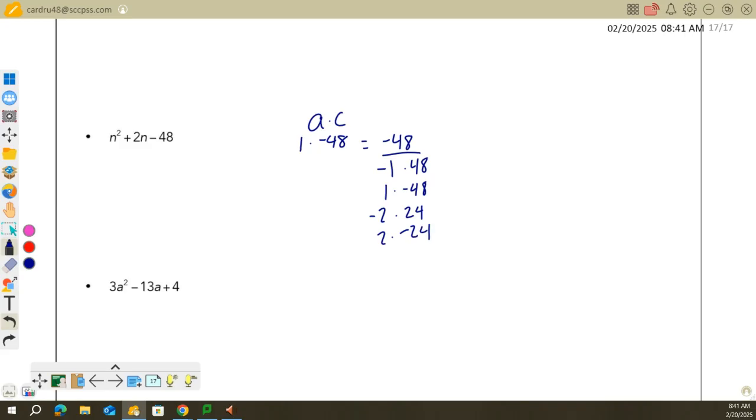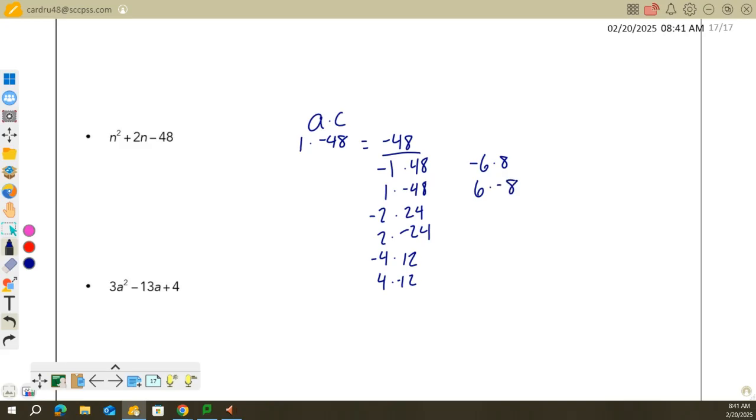I have negative 4 times 12, and 4 times negative 12. I'm going to continue up here. I have negative 6 times 8, and 6 times a negative 8.